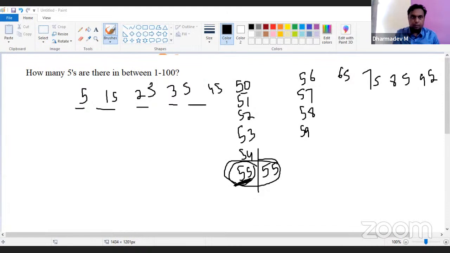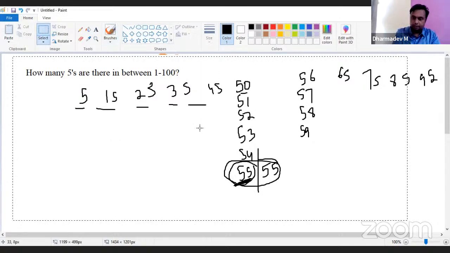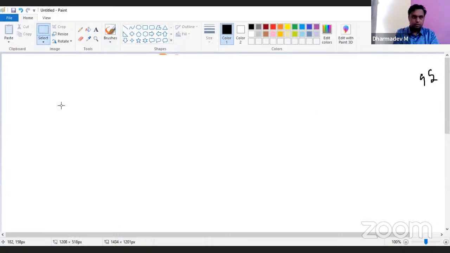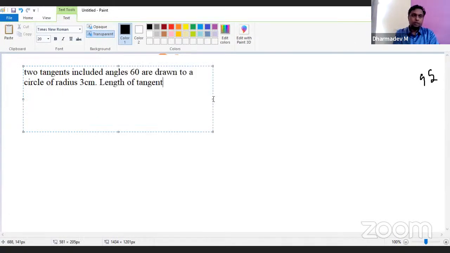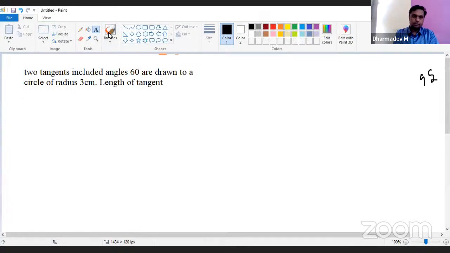Okay, now we'll come to the question our friend had, about the tangent line. Two tangents with an included angle of 60 are drawn to a circle with a radius of 3. Find the length. So let's take the circle.